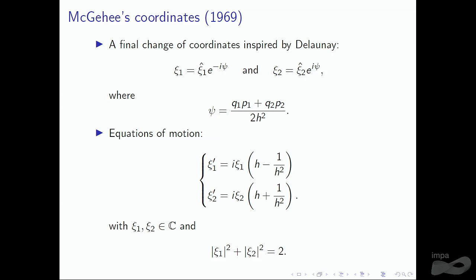So it's again like in each complex plane, xi1 and xi2, we see rotations, but now the rotations are constant along the trajectories. Okay? Because h is an integral of motion. So in both factors, it rotates along the trajectory with constant angular velocity.